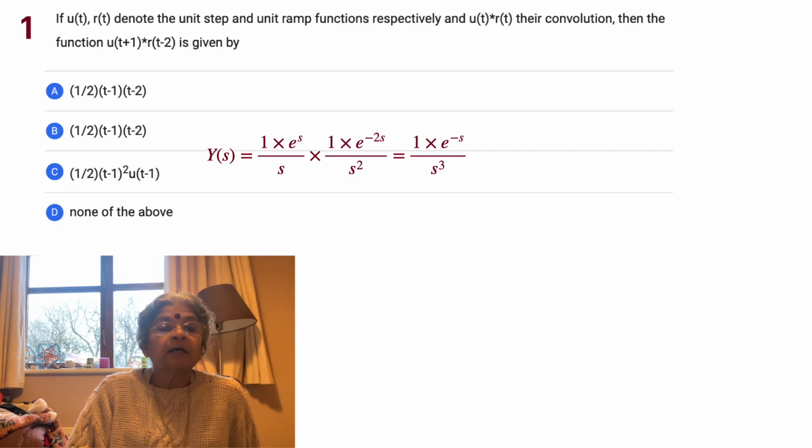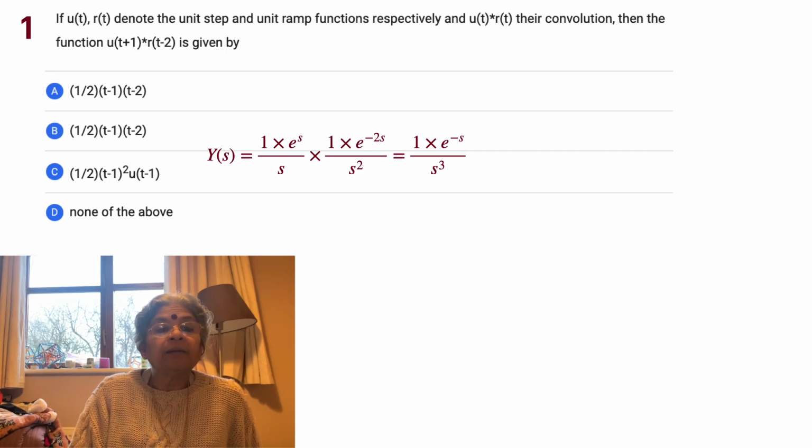So there are two methods. One is of course the integration method, the other is the Laplace transform method. So let's take the Laplace transform of both. Y(s) is u(t+1) convolved with r(t-2). So u(t+1) has a Laplace transform given by 1/s e^{s}, because it is an advancement.